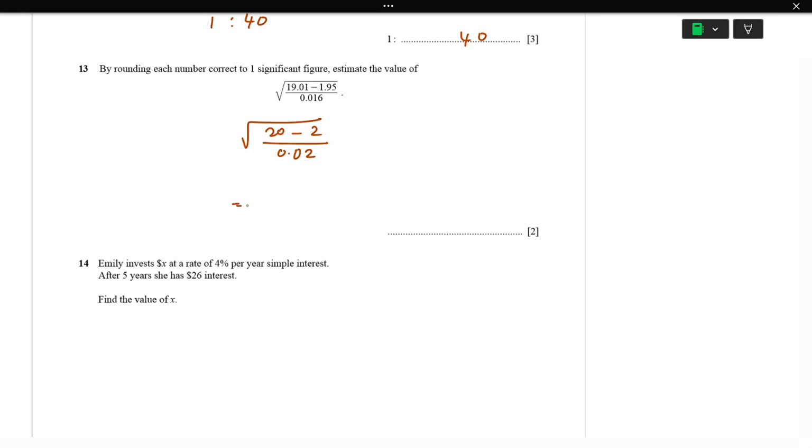So we get the square root of 18 over 0.02. Next I'll write this equal to the square root of, I'll multiply numerator and denominator by 100 to remove the decimal, which is the square root of 900, which is equal to 30. 30 is the answer.